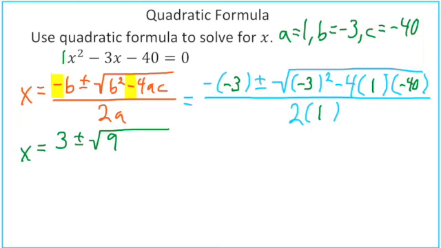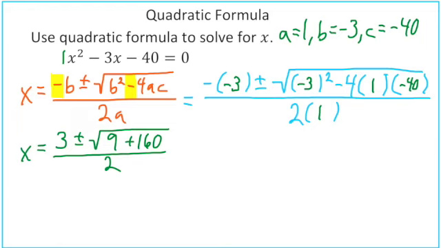First just count the negative signs. You're always going to have one negative sign with the negative 4, and in this case, I have a second negative sign with the negative 40. If you have two negatives being multiplied, what sign do you get? In this case, we get a positive. Now I just worry about 4 times 1 times 40, which is 160. And on the bottom, we have 2 times 1, which is 2.